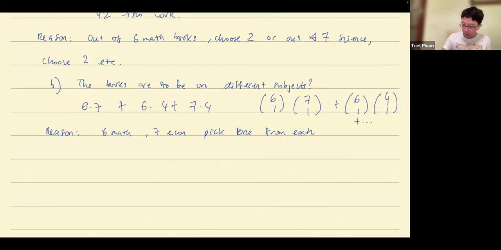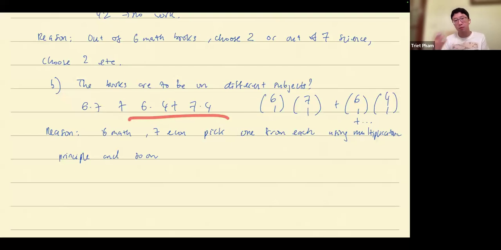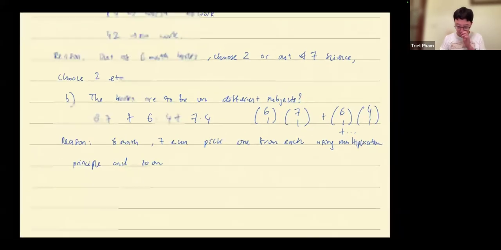Pick one from each, using the multiplication principle, and so on. The "and so on" here is acceptable, because what you're trying to say is you explain this way of counting, and the other ones are similar. So that's really it. But yeah, that's the answer.